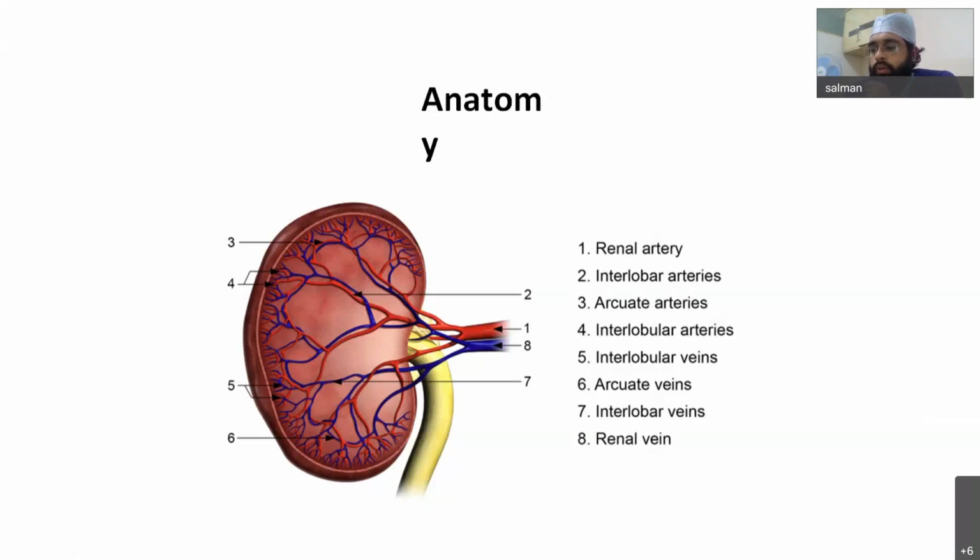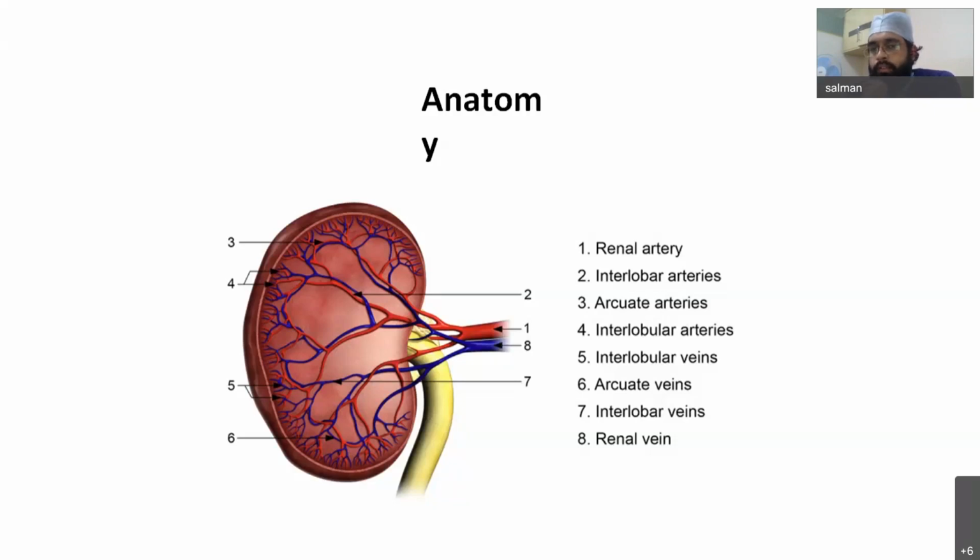And going to the branches of the renal arteries, there are inferior suprarenal arteries, which mainly supply the adrenal glands. And they also give off small branches to the ureter, to the perinephric tissue, and to the renal capsule. And the renal arteries end near the hilum of the kidney by dividing into the anterior and the posterior branches.